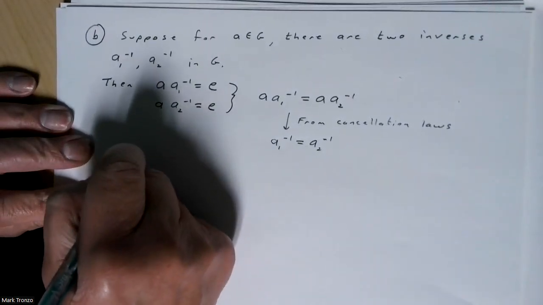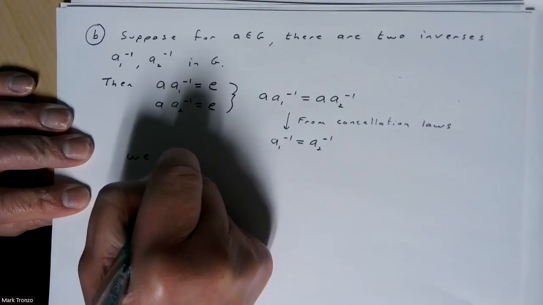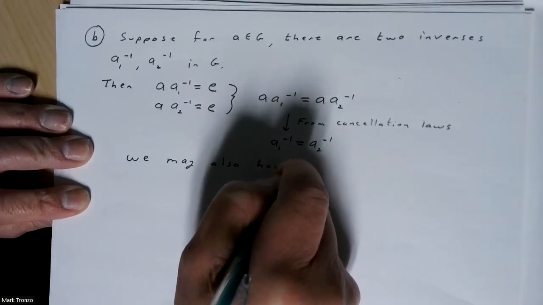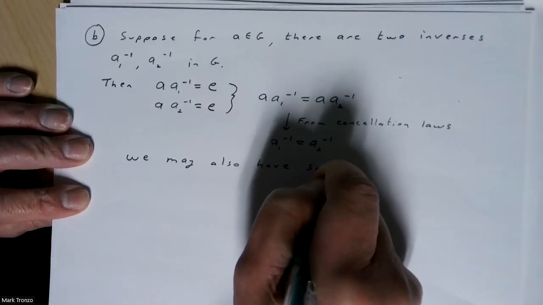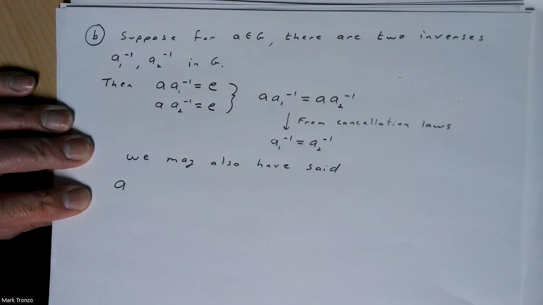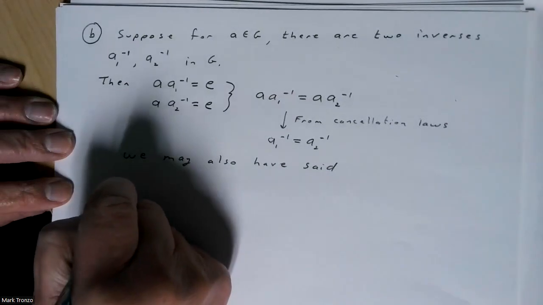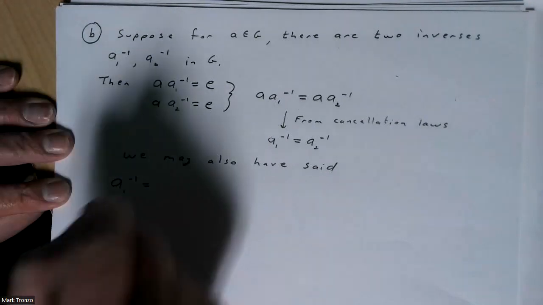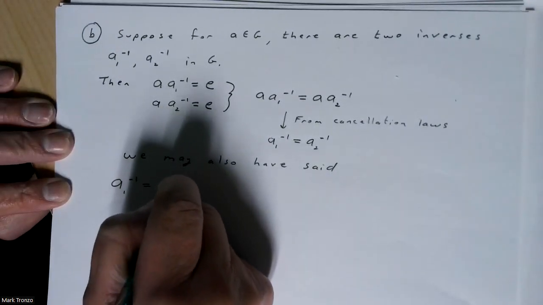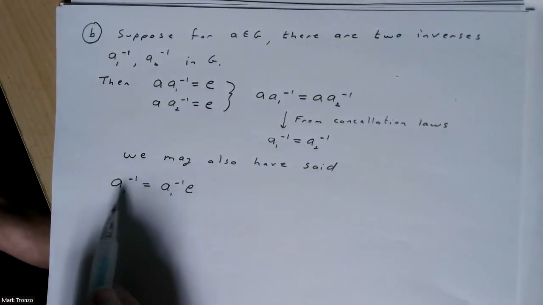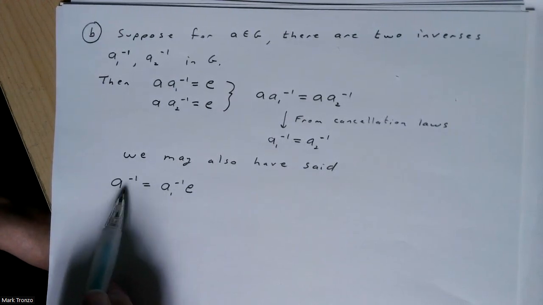Now, we could have also done it this way. We may also have said something like this: let's say A1 inverse is equal to A1 inverse times the identity. Of course, you can always put in the identity, because identity times any element is the element itself.